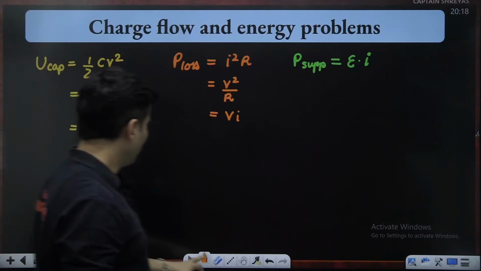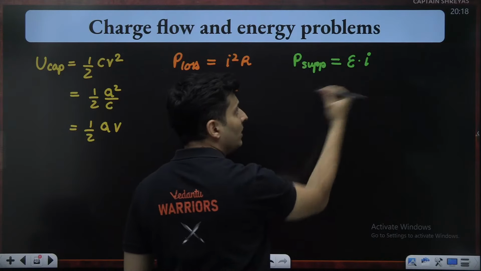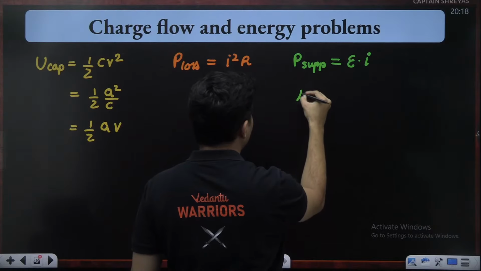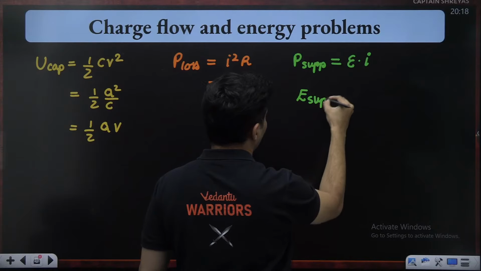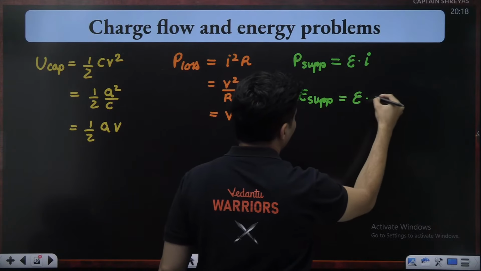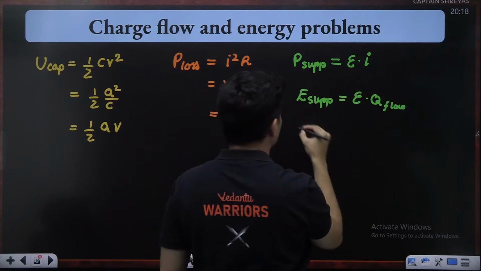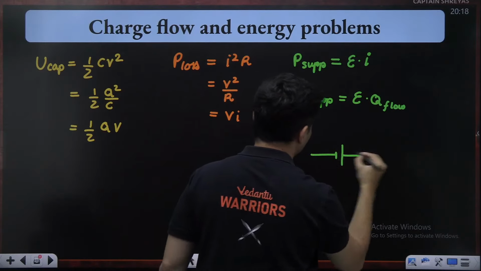Now, one more thing before we go ahead. This is power supplied. Power is energy per unit time. So, if you talk about the energy which is supplied by a cell, it is EMF into the charge which flows. This is for a battery.